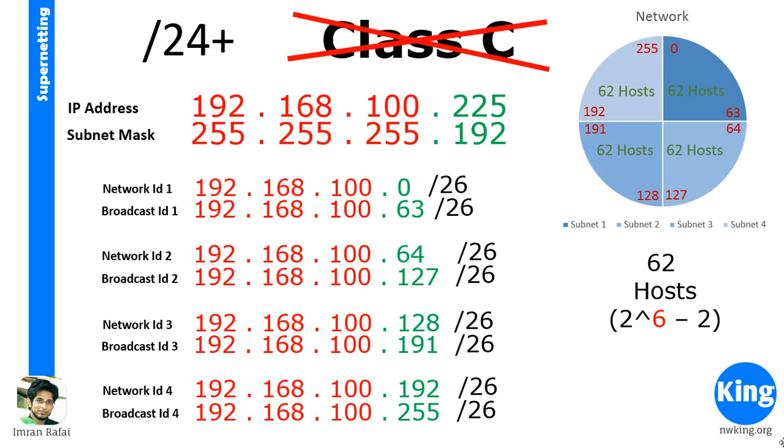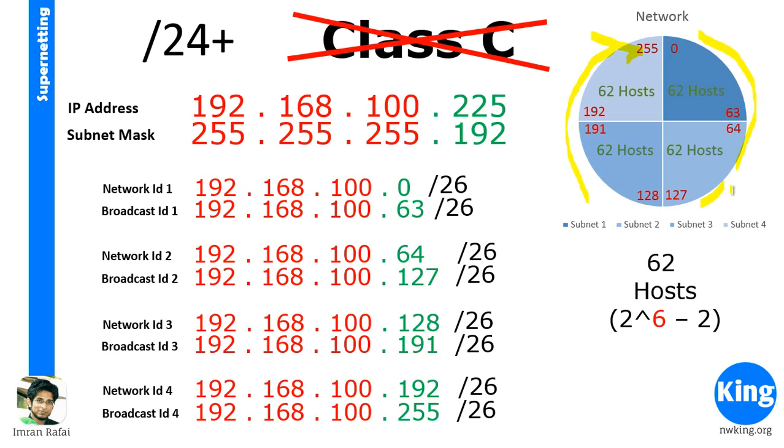Now, if you remember in our last video, we did subnetting, and we broke down this class C IP address into 4 networks. So 192.168.100.0, 100.64, 100.128, 100.192 were 4 different networks. Now we also know that 192.168.100.0/24, which is nothing but the class C network without subnetting, included all these IP addresses, right?